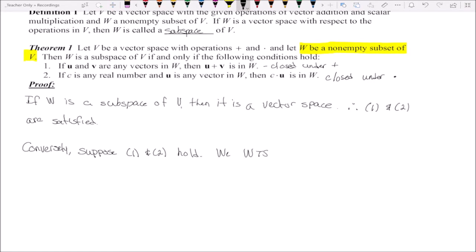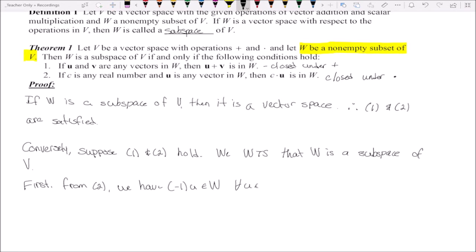We want to show that W is a subspace of V. Now, first, from property 2, we have that minus 1 times u is in W, for all u in W. Now from 1, we have that u plus minus 1 times u is in W, which implies that our additive identity is in W.